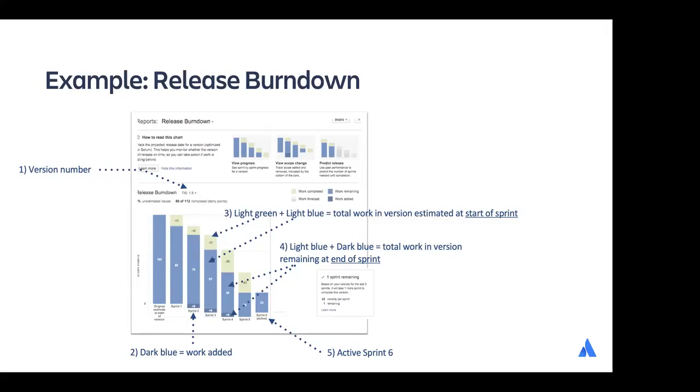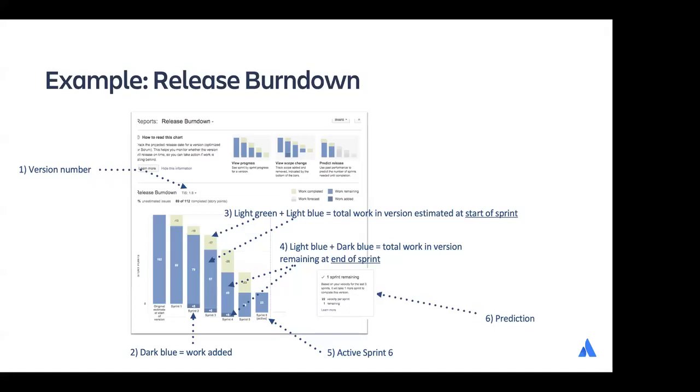So just looking at this at a glance, what you can see is there were 102 story points estimated for this version at the beginning, for each sprint 1, 2, 3, 4, 5. Some work was being done, some work is remaining, but there's also been scope changes, which means issues were added to that release.